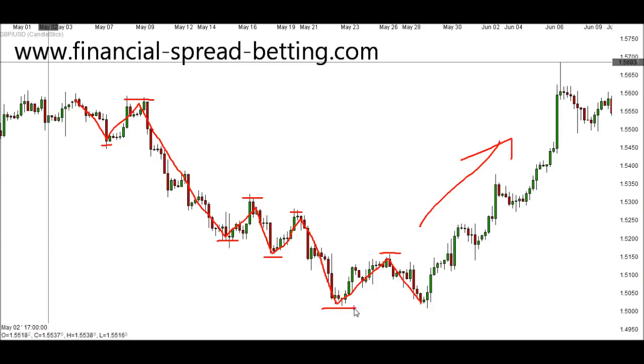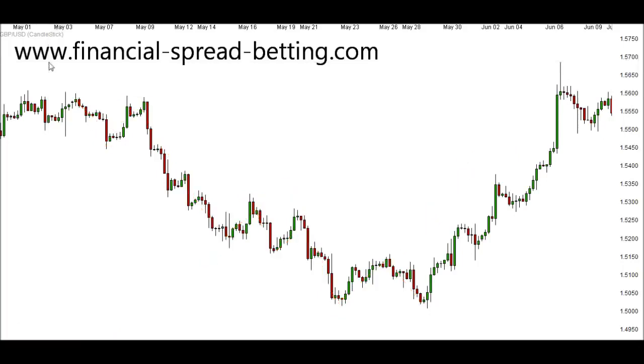This is the characteristic of a downtrend. When this characteristic is no longer evident, that's your signal that the downtrend could be over. Now, what I mean by no longer evident, if one of these highs or lows are broken, if we were to make a higher high, for example, or a higher low.